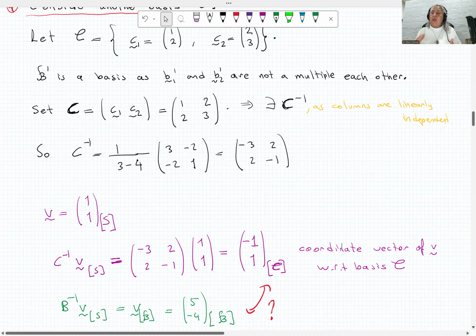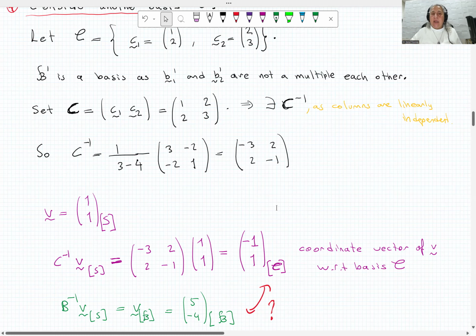With the formula that we found, if we want to move from the coordinate vectors with respect to the standard basis to the coordinate vectors with respect to another basis, we need to multiply by C inverse.